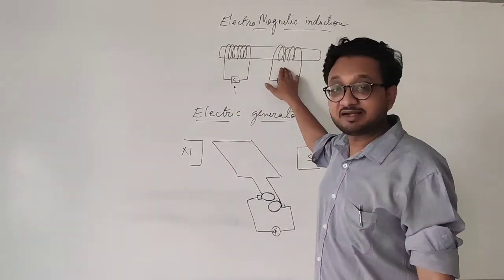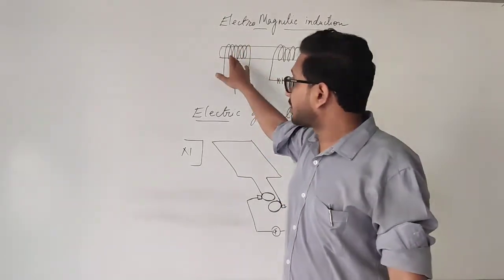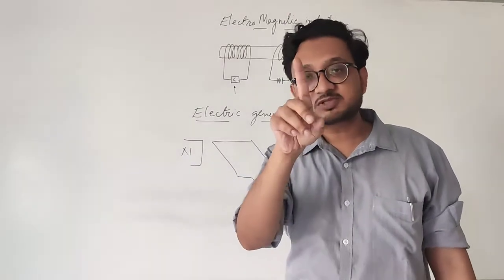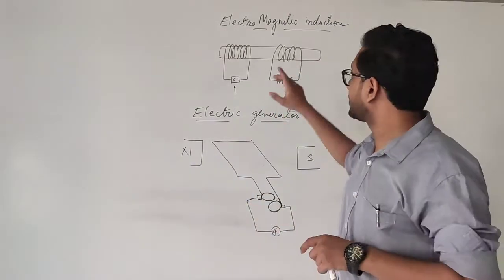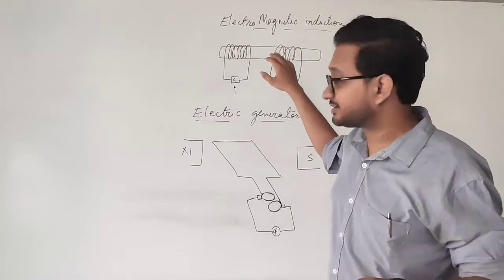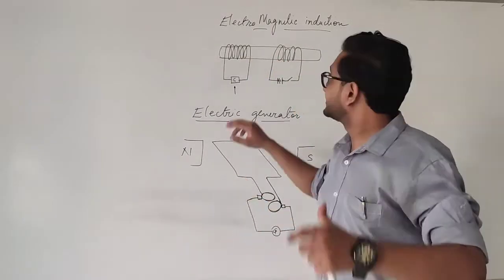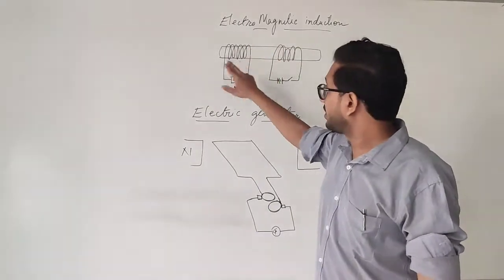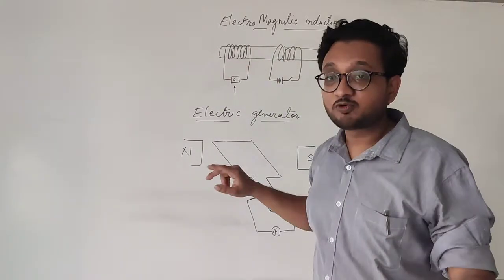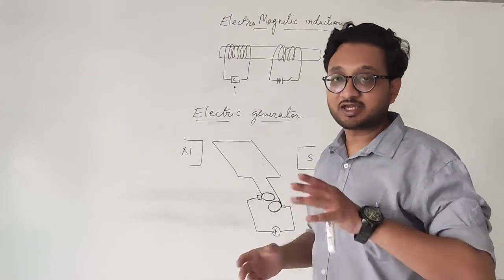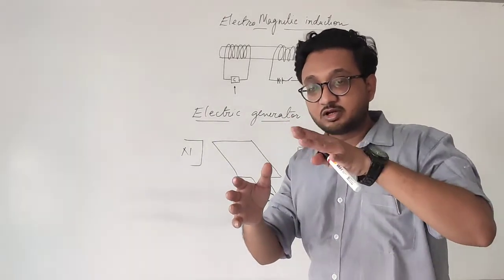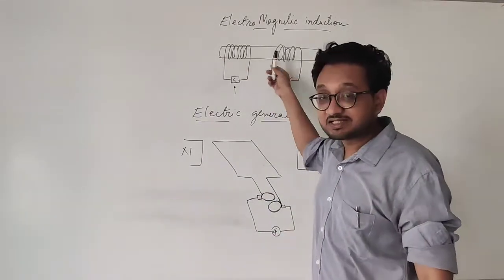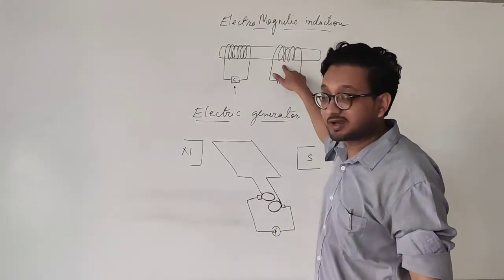The other coil shows the deflection for a short amount of time because our main coil, which is behaving like a magnet, is not moving, and electromagnetic induction only takes place when the magnetic field is moving or when the coil is moving around the magnetic field. Either the magnetic field moves around the coil or the coil moves around the magnetic field. In both cases, here the coil is stationary.